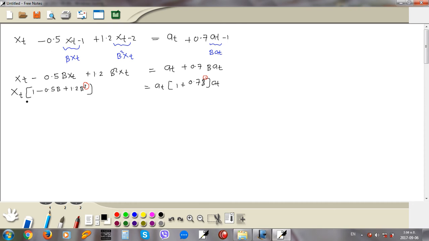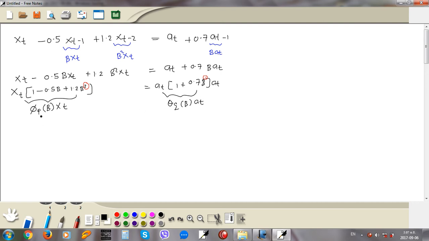What is this? This is the autoregressive part. So we can write this as φp(B) xt, this is the autoregressive part. And what is this one? This is the moving average part. We normally denote it as θq(B) at.